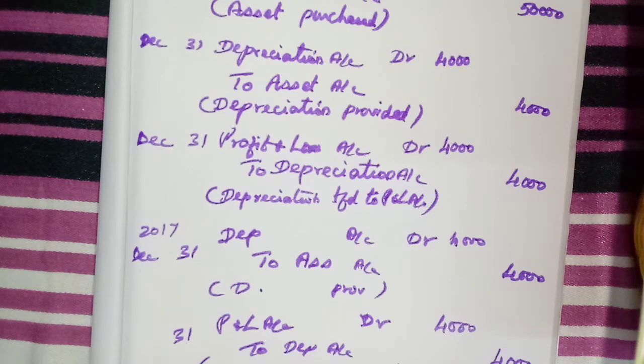Machinery was purchased on 1st January 2016. Price of the machine 36,000. You look into your book. Then freight charges 2,500, installation charges 1,500, life of the machine 5 years.